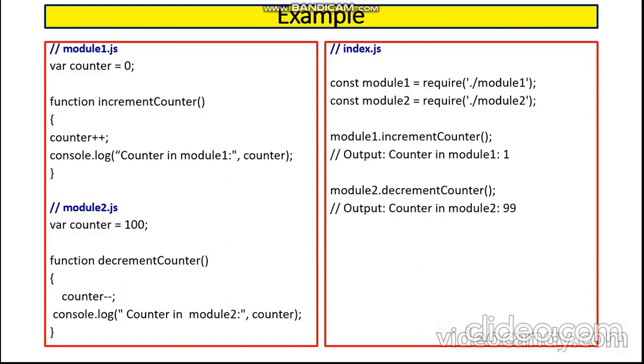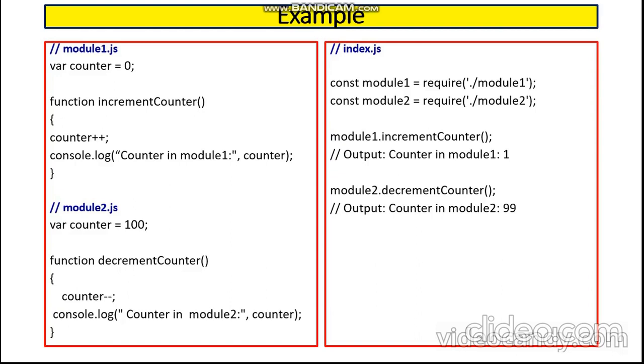Now if you observe here, by using the module1 variable we call the incrementCounter function, and by using the module2 variable we call decrementCounter. Now the next point: Node.js implements the CommonJS module standard.